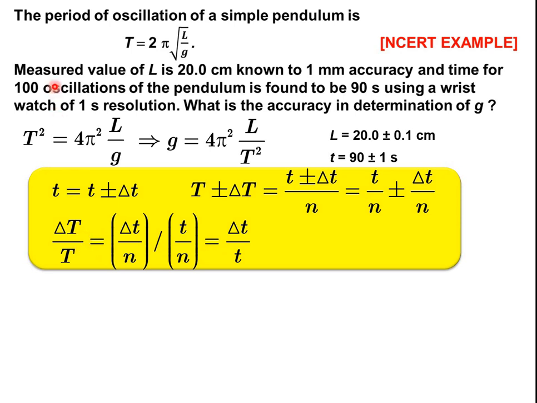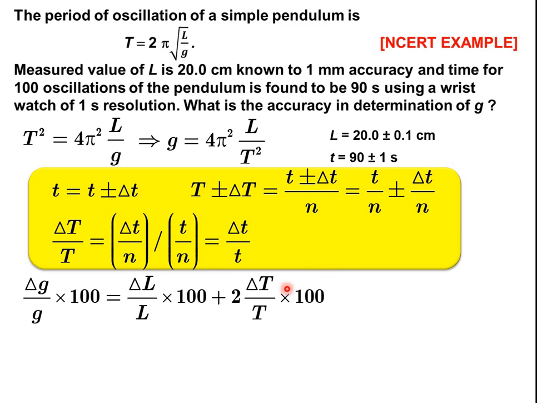We need not see whether the oscillations taken were 100, 20, 40, anything. The ratio happens to be same.